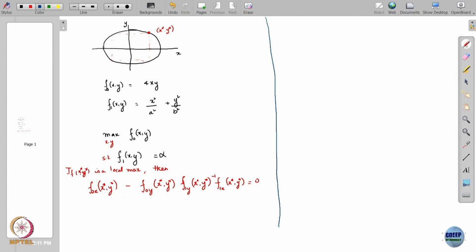Before we do that, actually let us evaluate also what the solution turns out to be. If x star y star is a local maximum, then this must hold. You can solve this equation, and you get that x star y star, the values are something like this.